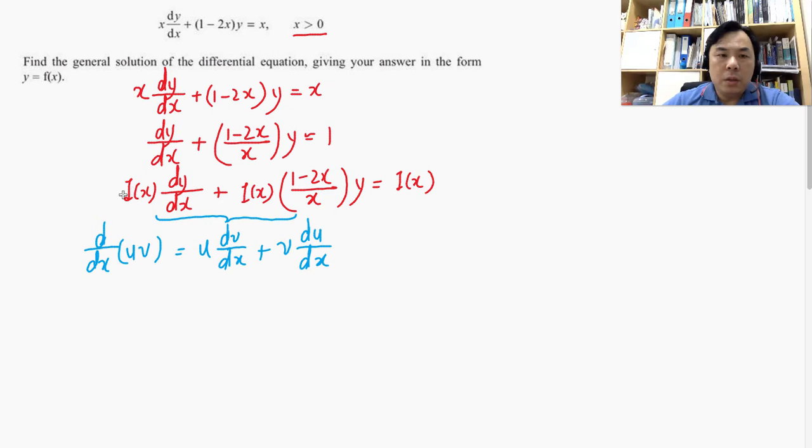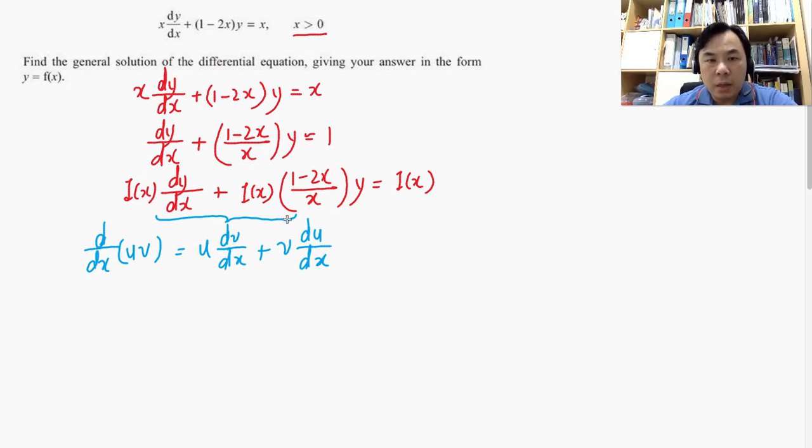Okay, now you can see that this structure here, the I(x) form, looks quite similar to this structure. It has an expression I(x), which is comparable to u here, dy/dx, which is quite similar to dv/dx.